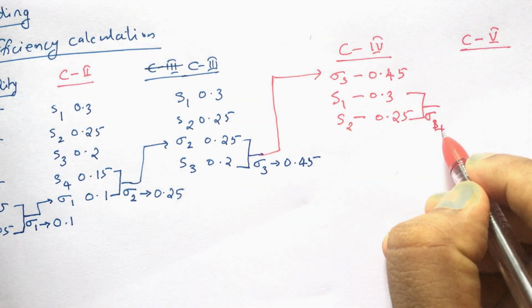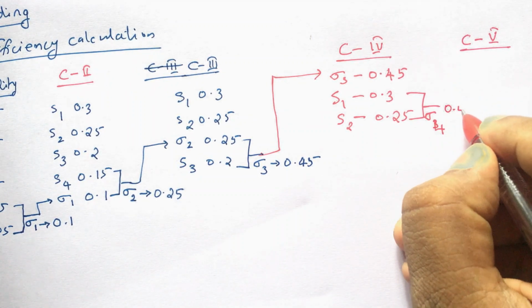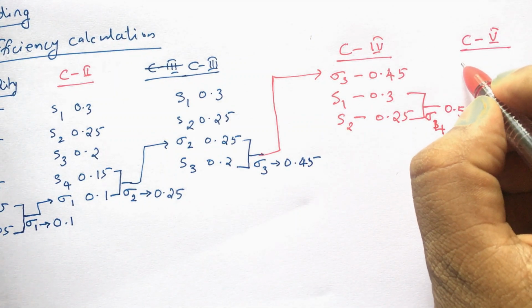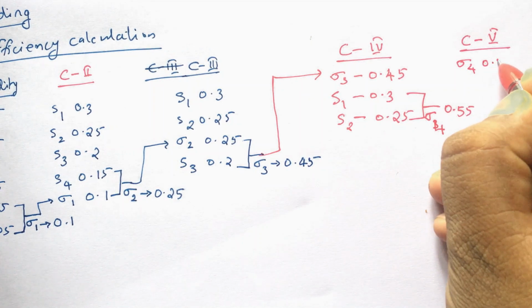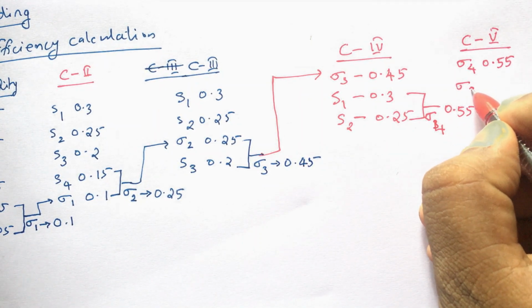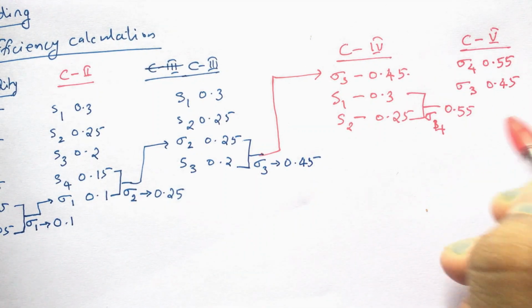New symbol sigma 4 with probability 0.3 plus 0.25, it is 0.55. Now we can generate the new column. It is sigma 4 of probability 0.55 and sigma 3 of probability 0.45.